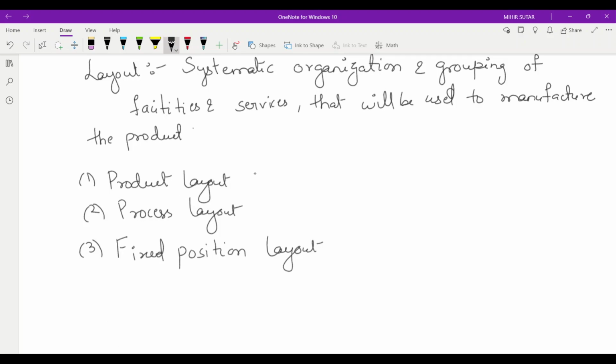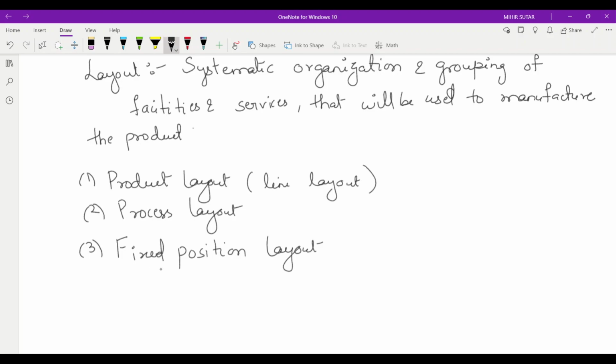That's why the product layout is also known as line layout, that all the different machines are interconnected in a line, so that there is no wastage of time. The part goes from one machine to another, and it produces the final product within the shortest time. So it is known as product layout.